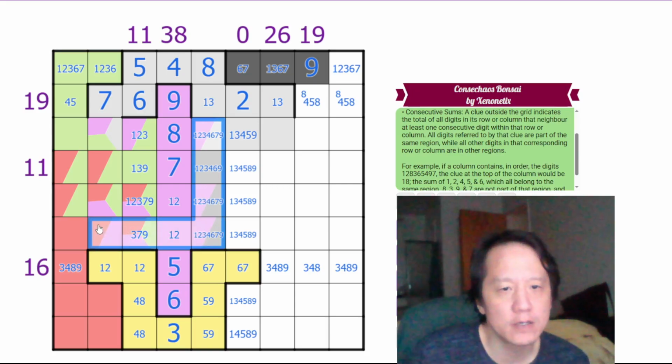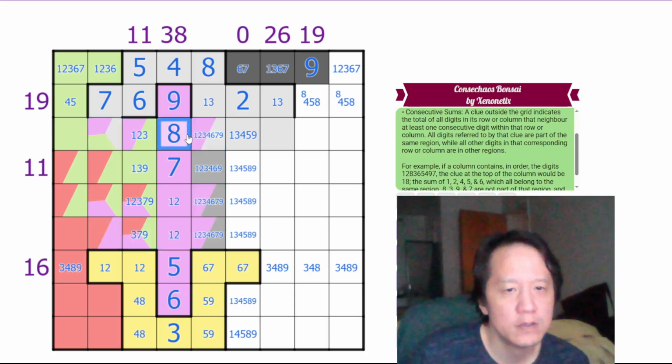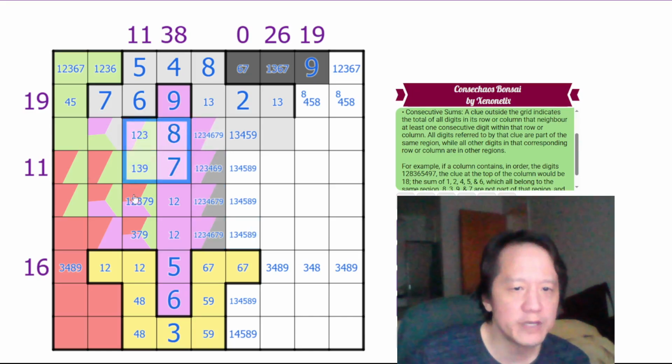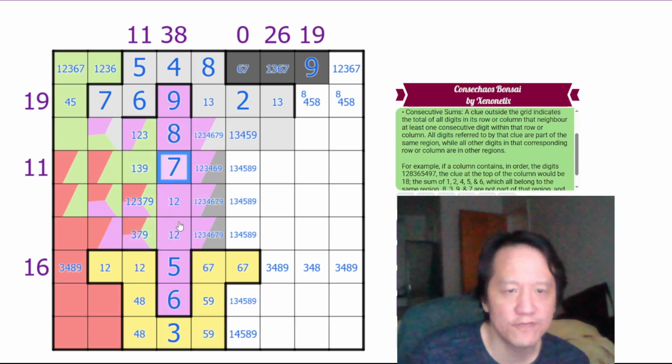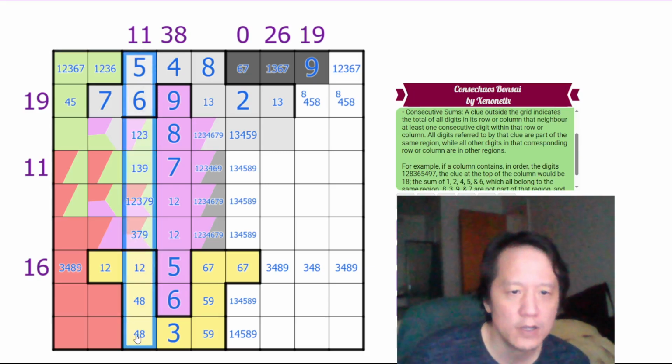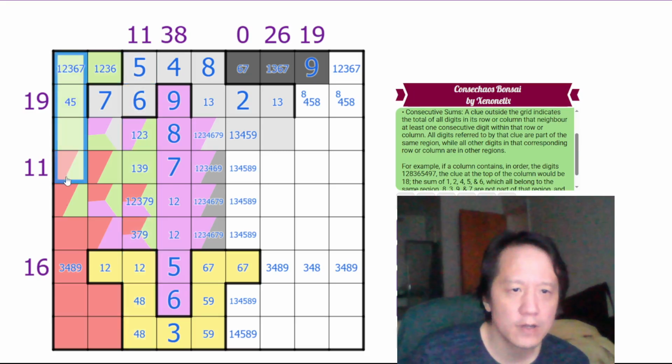This pink. Oh, this could be pink, actually. Apologies. This pink needs to have a 3 and a 4. If it goes there, 3 and 4, the problem is we already have a 4 accounted for in columns 1, 2, and 3 in the yellow region.